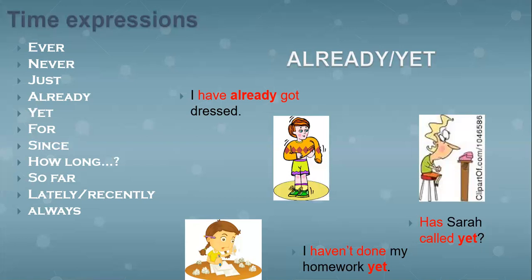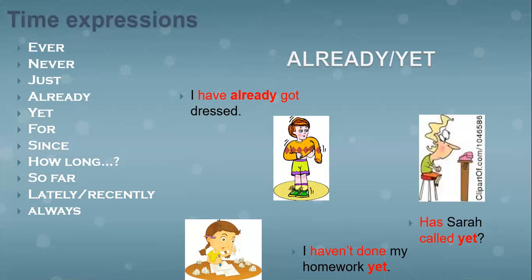So let's read these examples. I have already got dressed. This is a positive sentence, so we use the time expression already with it. But if I want to ask a question or use a negative sentence, I use yet instead of already. Just like, has Sarah called yet?